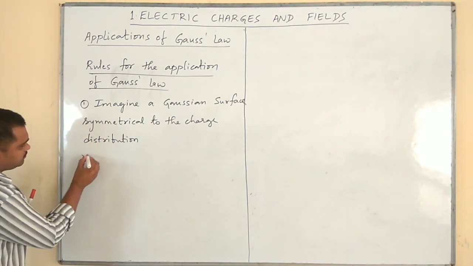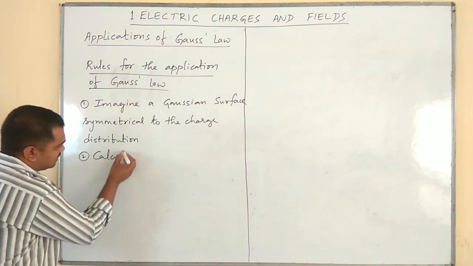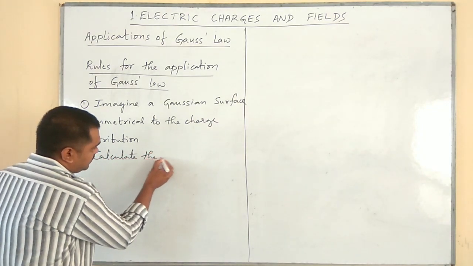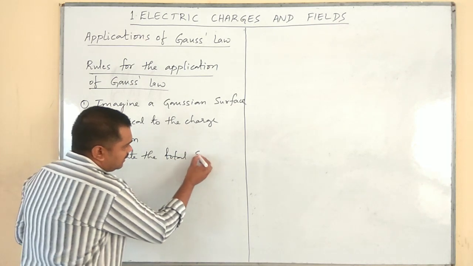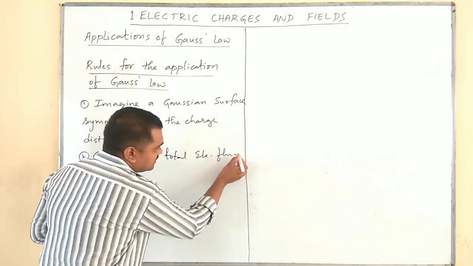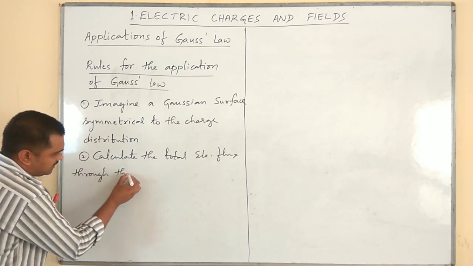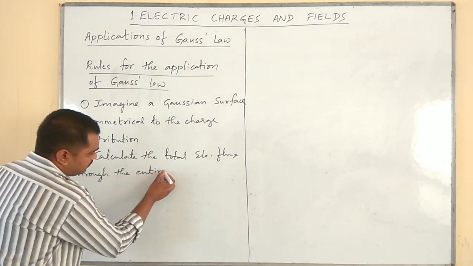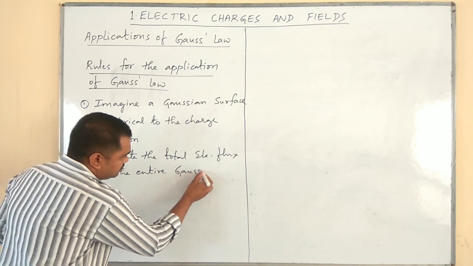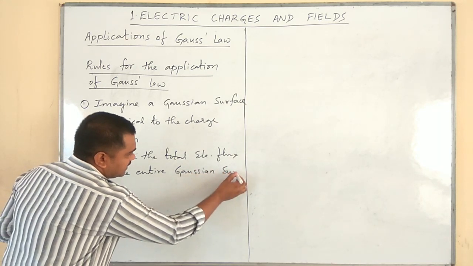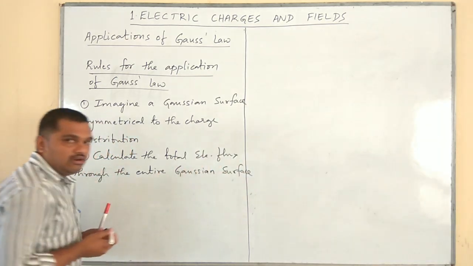Second, calculate the total electrical flux through the entire Gaussian surface. That is the second rule one should follow.